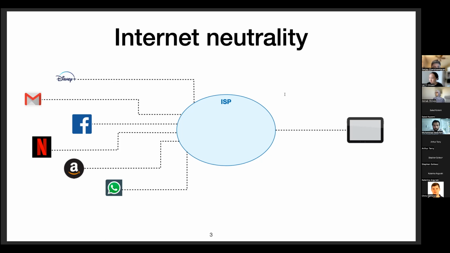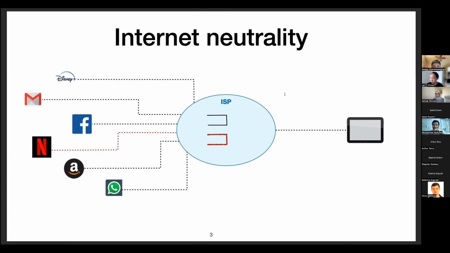Ideally, an ISP, when it receives traffic that is coming from different content providers, processes all of them together in a single entity: one queue, one link. That's a neutral scenario. In a non-neutral scenario, an ISP can have a dedicated resource, which could be a queue or link, that will handle only the traffic that is coming from Netflix.